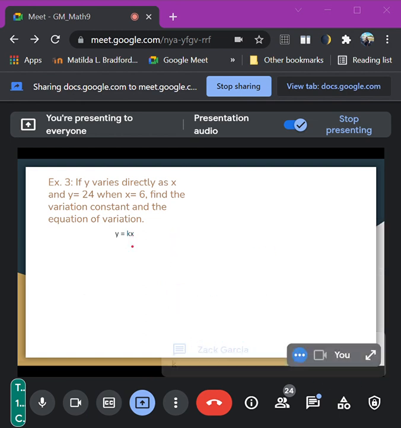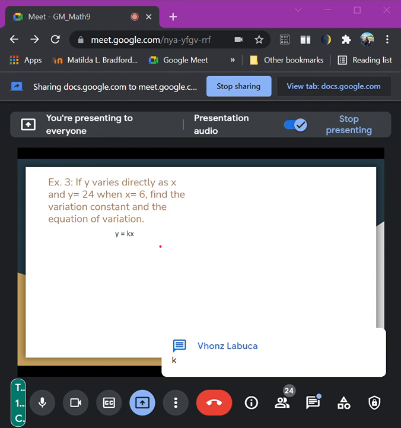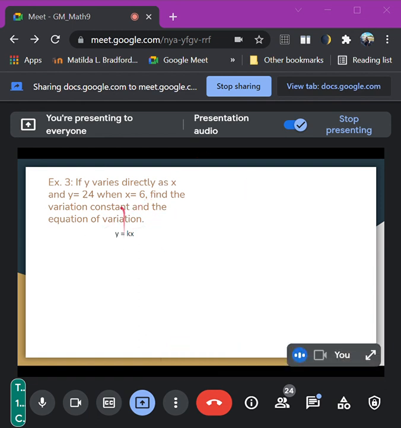The k is the constant there, class. Remember, the k is the constant. So we will find the constant so that we can see the equation. To get the equation, you have y is equal to the value of your constant and then your x. So what you're going to do is substitute your y and x to find your constant k. So you solve for k.